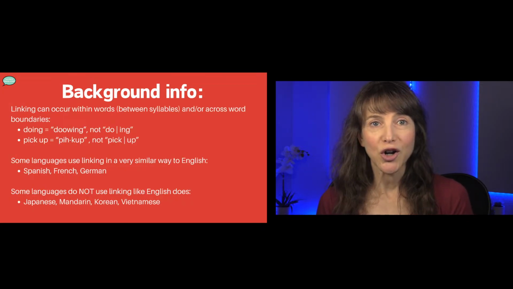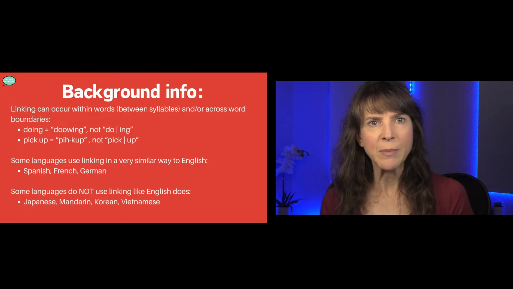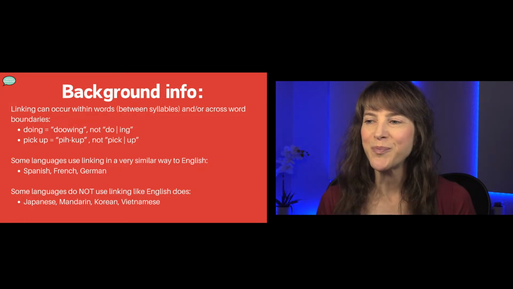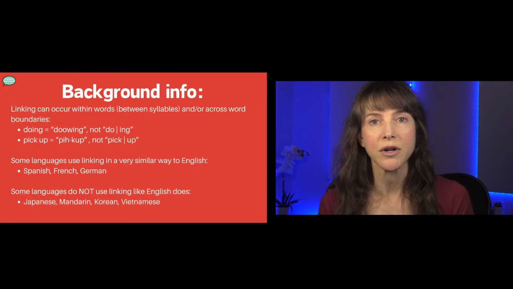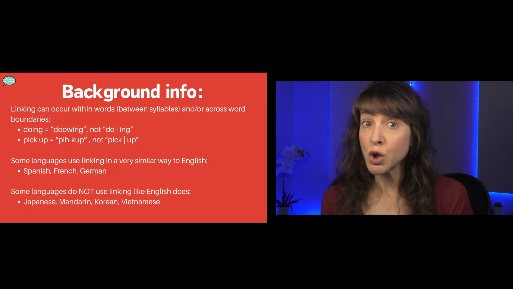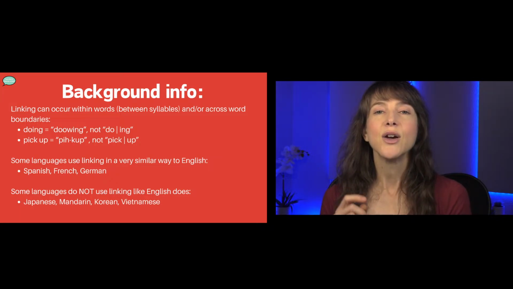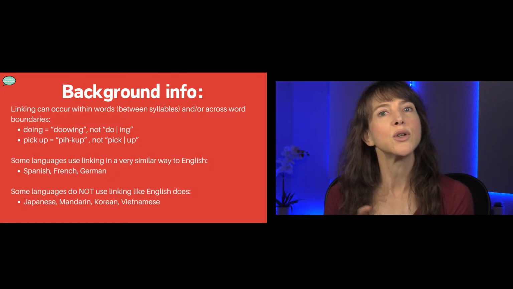Linking can occur within words between syllables and or across word boundaries. So this is typically where linking gets a little tricky for a lot of people because, for example, here's linking within a word. Now, you're probably already pronouncing the word doing just like this. Doing, doing. You're using linking to connect those 2 syllables.